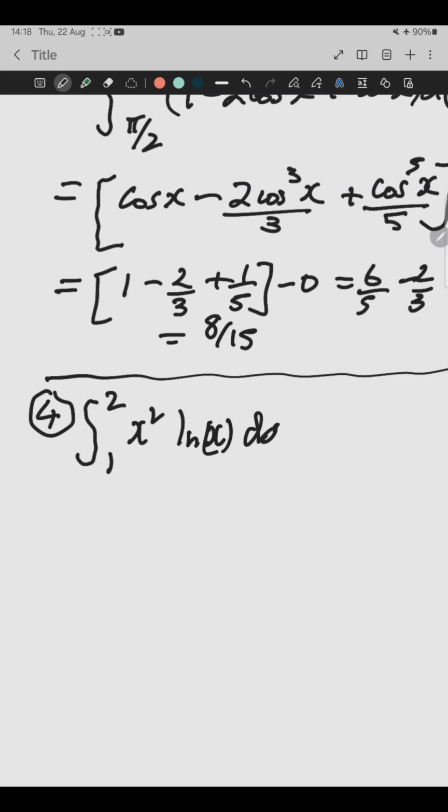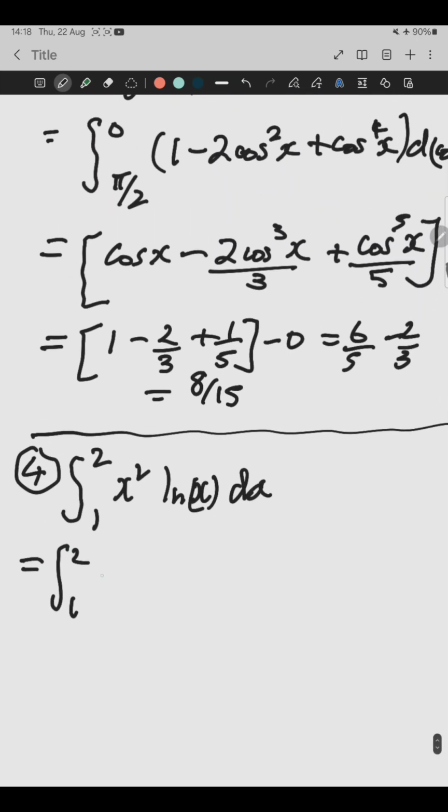Some people still prefer to write log to base e of x, but it makes no difference. All right, what we'll do here is reverse the order for integrating by parts. It's much easier. So that will be log n of x times x squared dx.